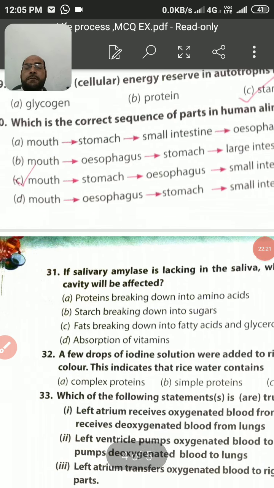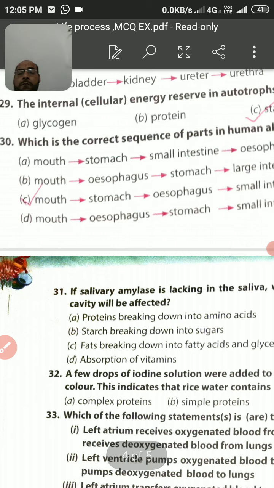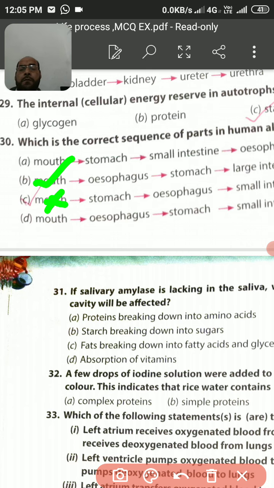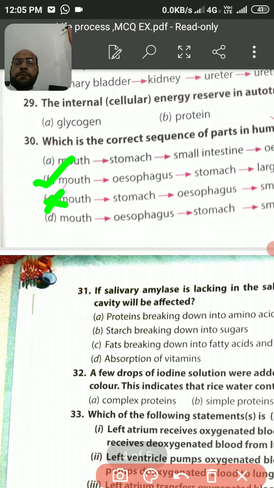So my dear students, question number 31 to the last question you will do as your home exercise, that assignment is already given to you.